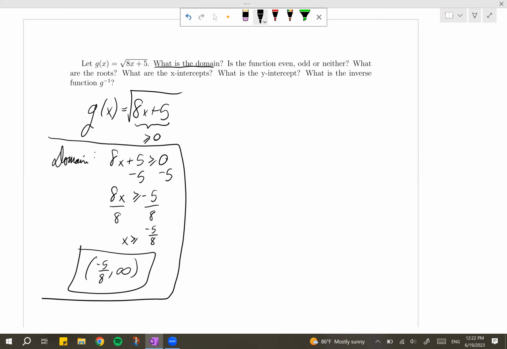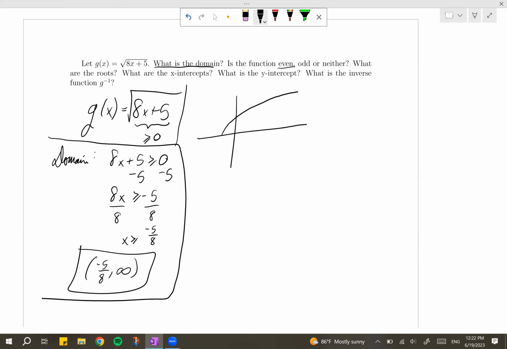The next part, we need to determine if the function is even or odd or neither. So the graph of this function will look something like this. Even if it's symmetric about the y-axis, odd if it's symmetric about the origin, and neither means it's not symmetric about anything.